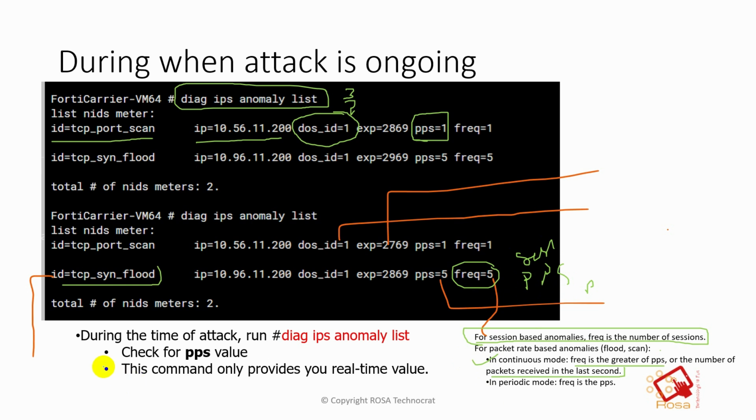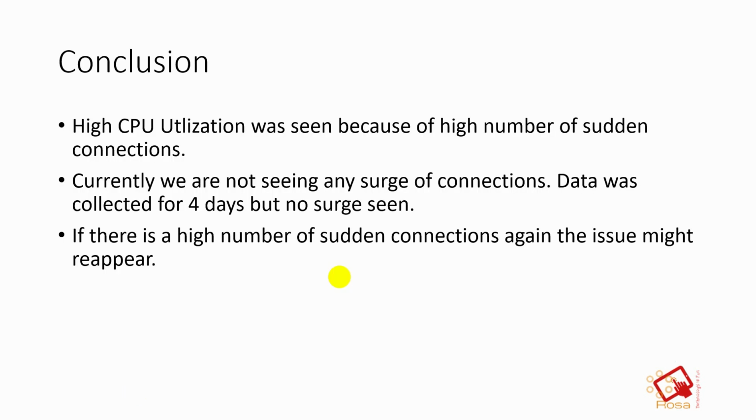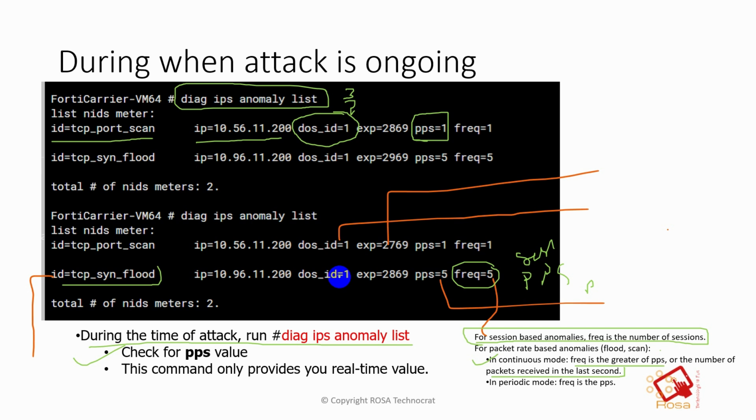During the time of attack, if we run this command, we can check the PPS value, what the packets per second is during that particular time. It doesn't tell you about the history, it tells you the current snapshot.